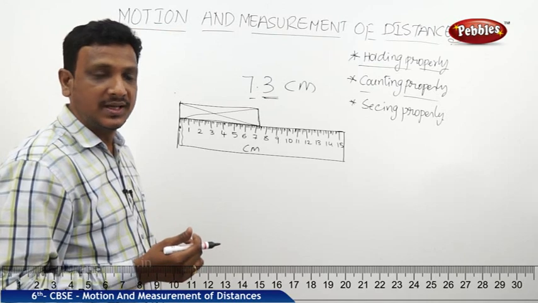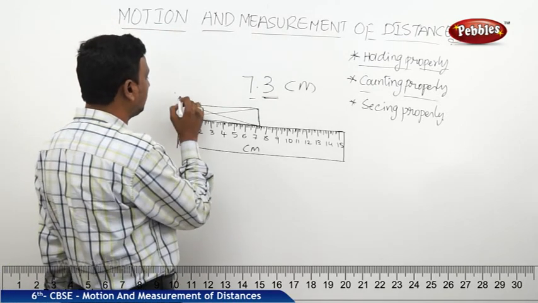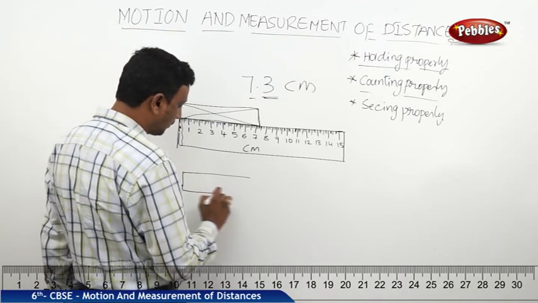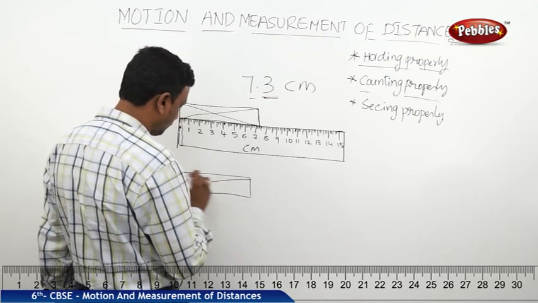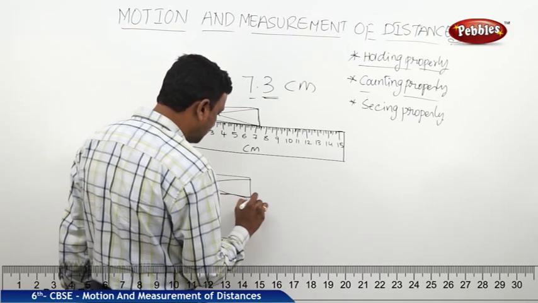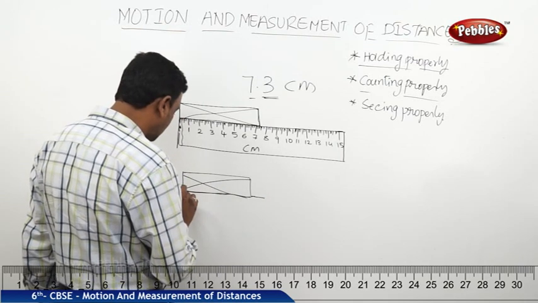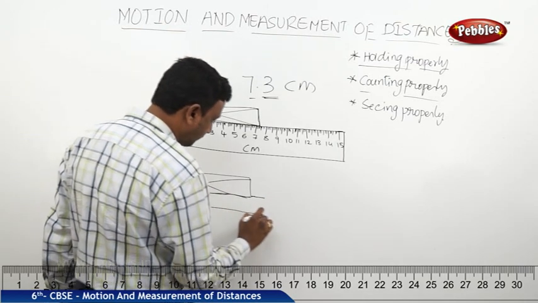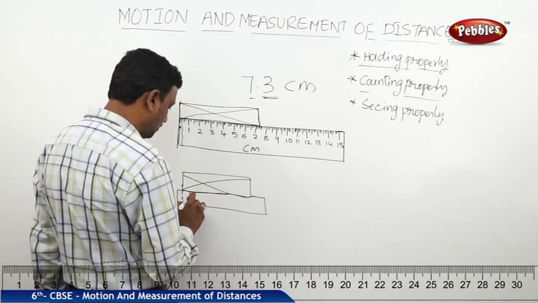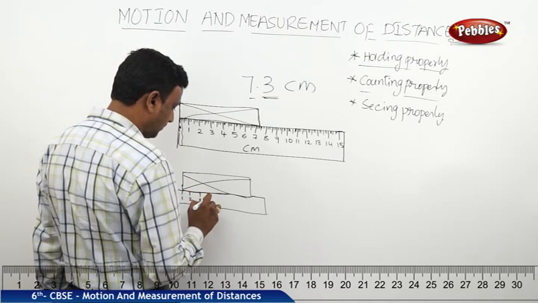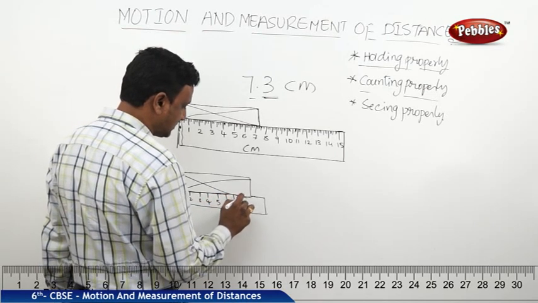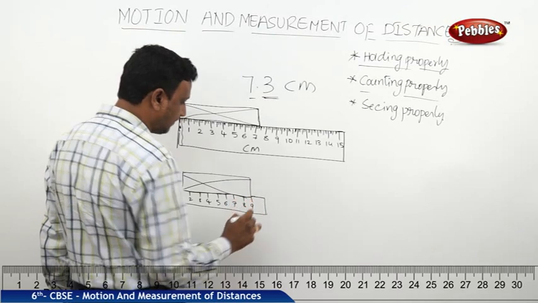Then what to do about the final value? Say for example, here you are using the scale. This is one more box we have here. This is your scale, but its edges are broken. You don't have the edges. So here you have 1, 2, 3, 4, 5, 6, 7, 9.